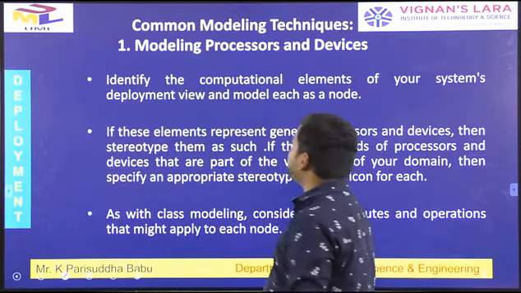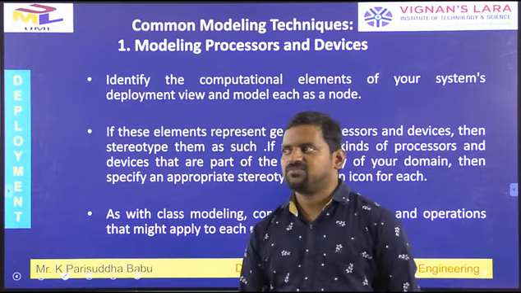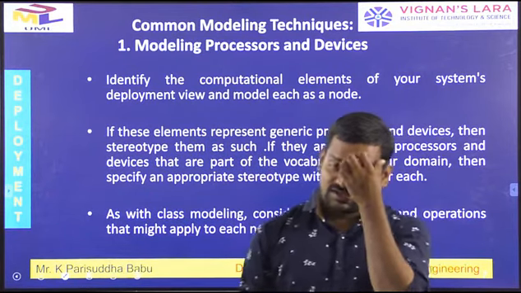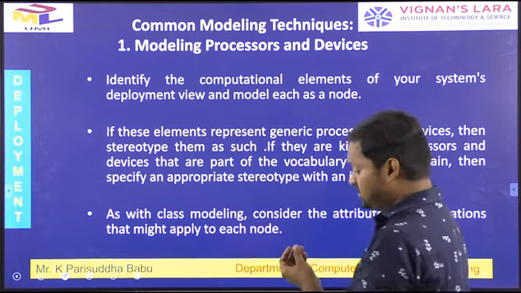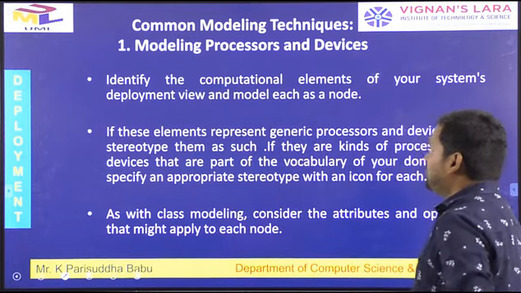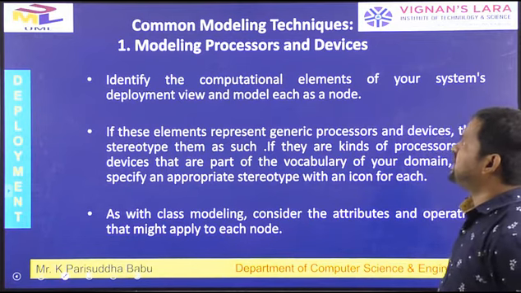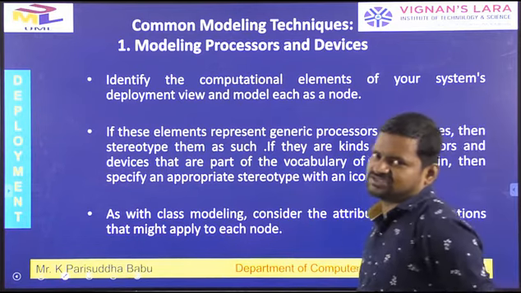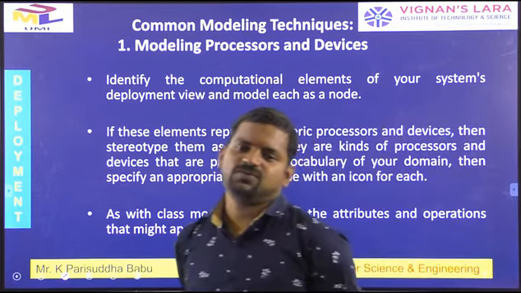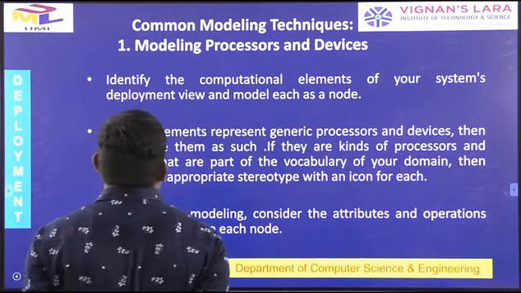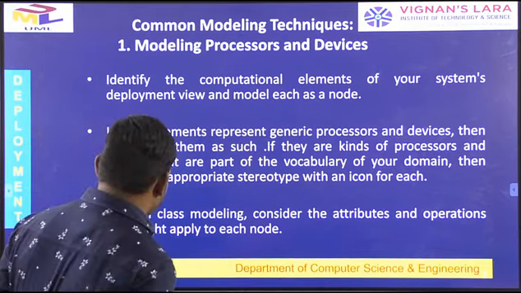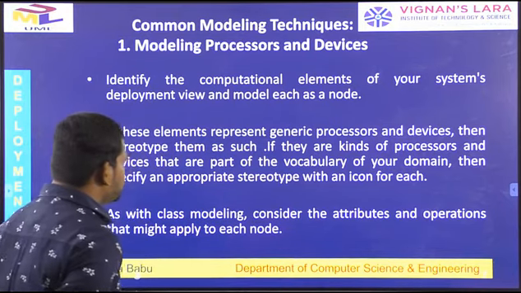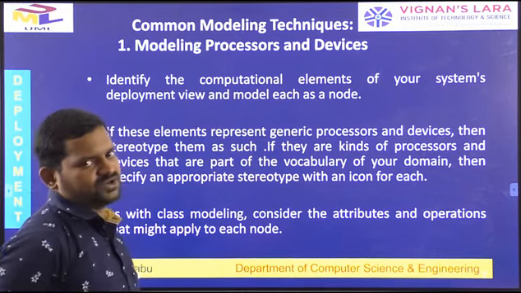And next, common modeling techniques for the representation of deployment. The first one, modeling processors and devices. Identify the computational elements of your system's deployment view and model each as a node.